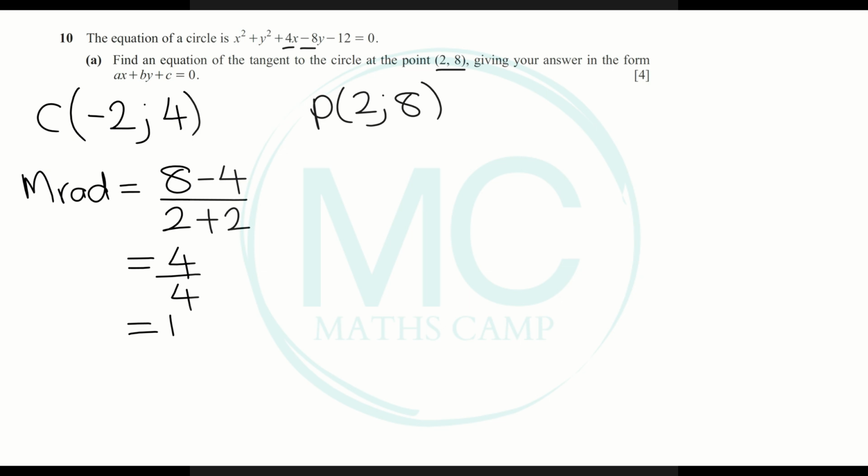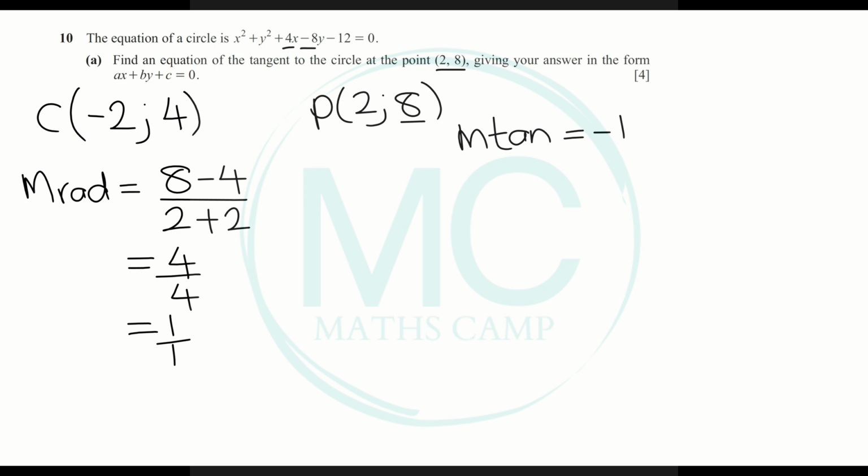Now that we have the gradient of the radius, we can find the gradient of the tangent. To find the perpendicular gradient, we turn this into its reciprocal fraction and change the sign. 1 can be written as 1 over 1. Let's change the sign, and we get negative 1, which means the gradient of the tangent has to be negative 1. Now we can find the equation of the line.